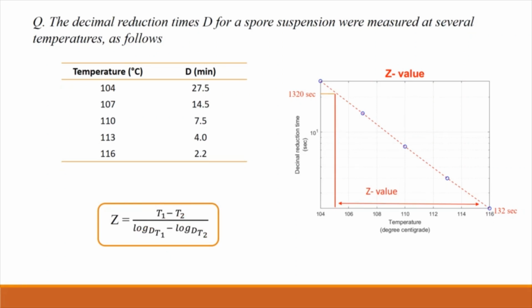Generally, Z value defines the sensitivity of microorganisms to temperature. For example, for heat sensitive microorganisms, a smaller change in temperature will reduce the D value drastically. Every microorganism has its own Z value.